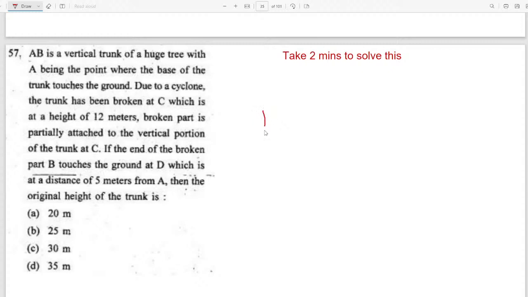So let this be the trunk here, and A being the point where the base of the trunk touches the ground. This is A, this is the ground, and B is this point. And due to the cyclone, the trunk has been broken at C, and the height of point C is 12 meters. This is 12 meters.